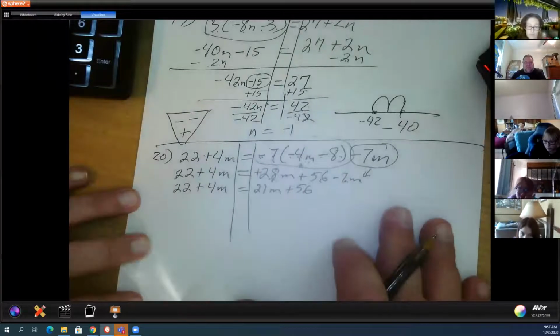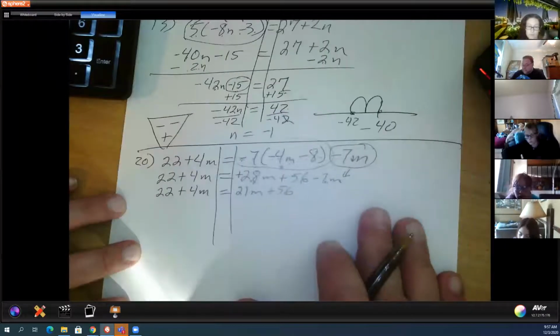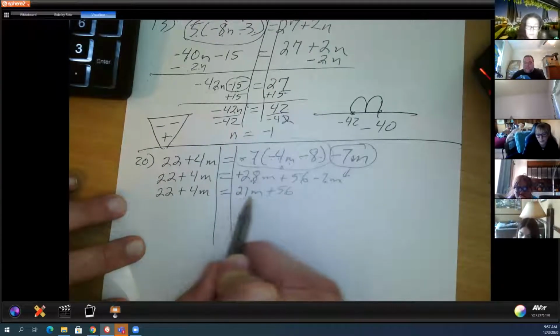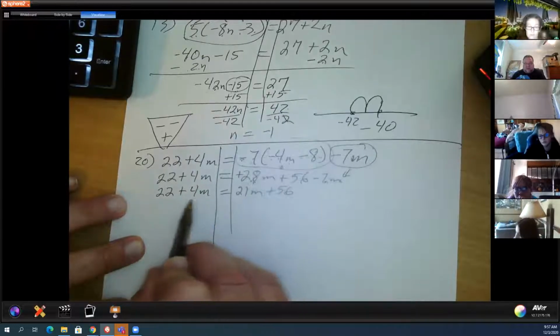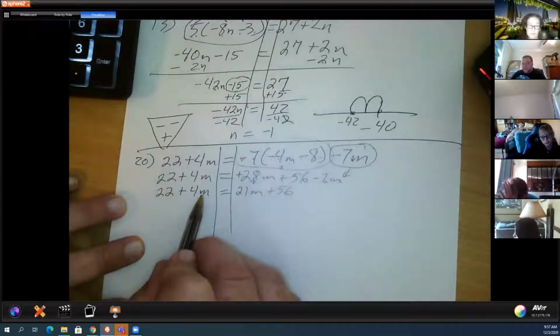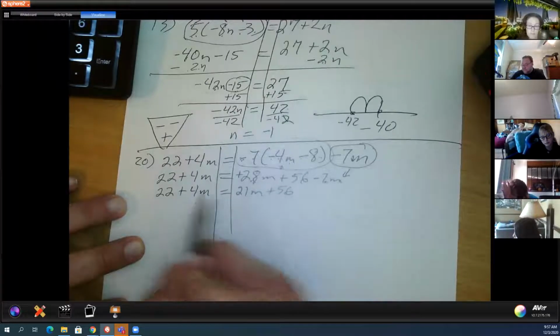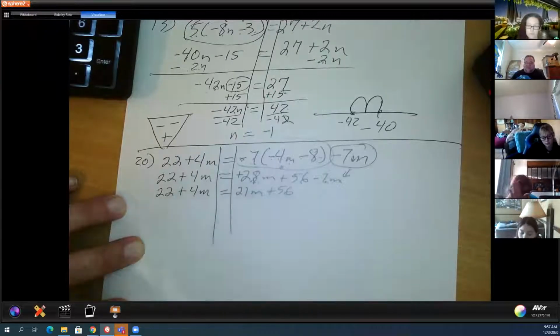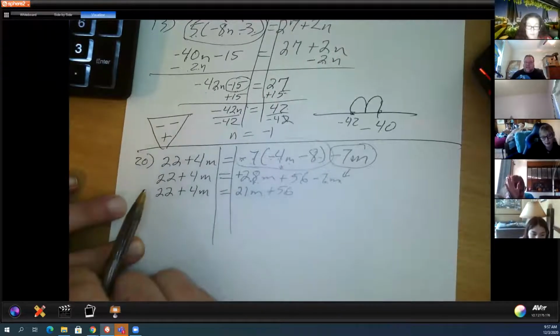I see that I've got a big positive variable over here, and a little variable over here. So I'm going to choose to get rid of this one instead of this one, because then this one will stay positive and I've got one less thing to mess with. Yeah, Ashlyn.